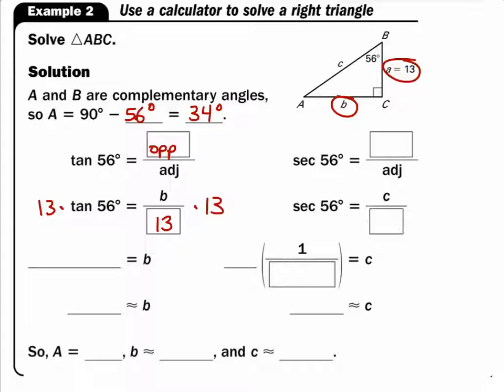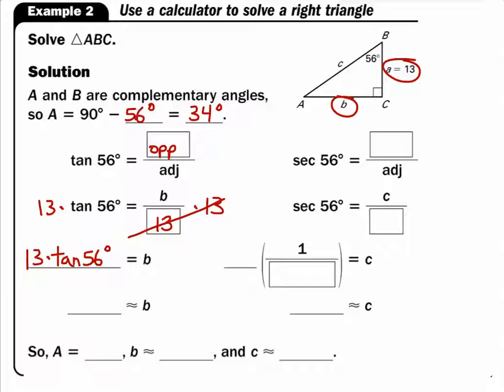Oh, look at that. 13's cancel, and you get B equals 13 times tangent of 56 degrees. Now you'll need to make sure that your calculators are in degree mode to solve this.